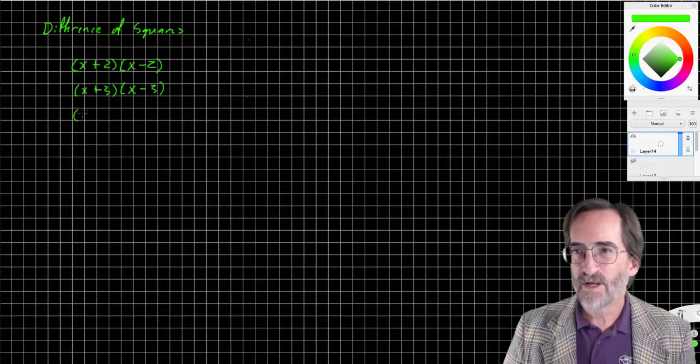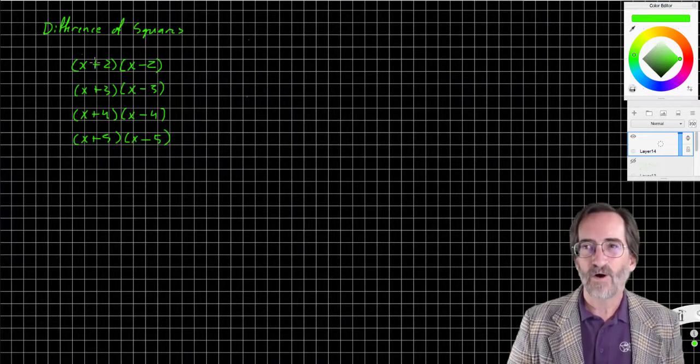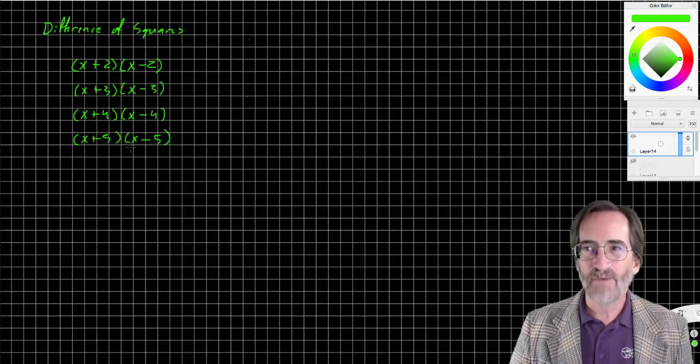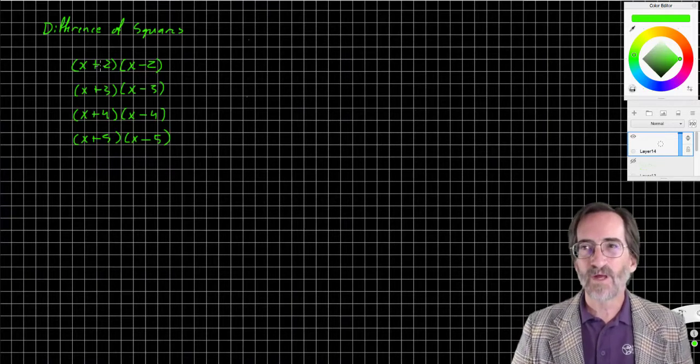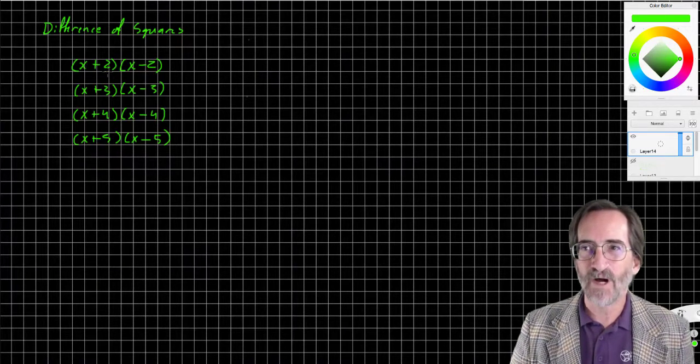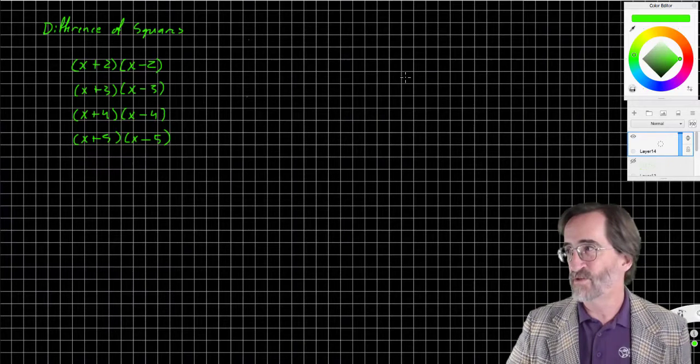I'm going to do x plus 4 times x minus 4. I'm going to do x plus 5 times x minus 5. Notice the pattern. It's all pluses on one and then minuses on the other. And by the way, the order doesn't matter. If I did x minus 2, x plus 2, the answer would be the same.